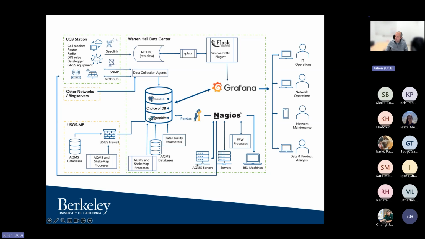And we were already using Nagios for alerting, mainly for the IT infrastructure and our EEW system. That information was already available within Nagios, so we just decided to use Pandas to import that information into those databases and be able to display it with Grafana.